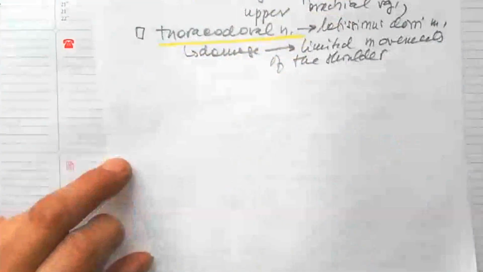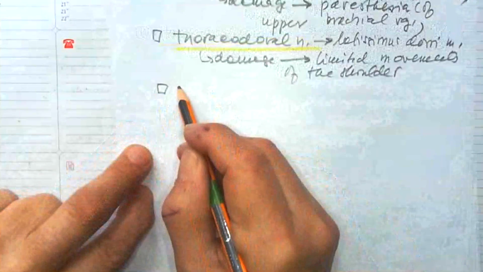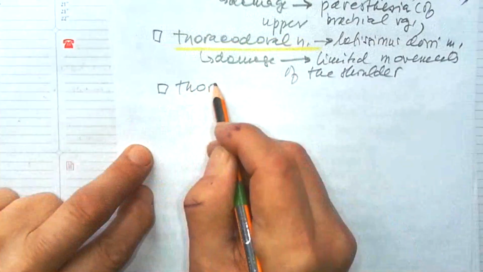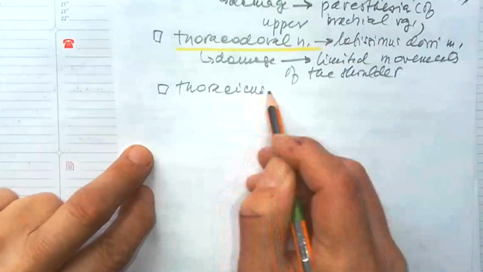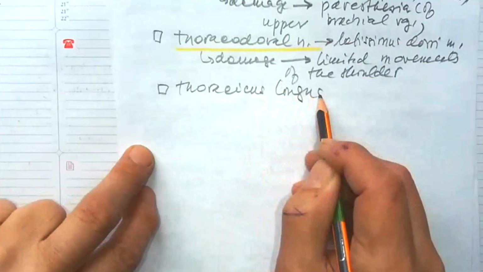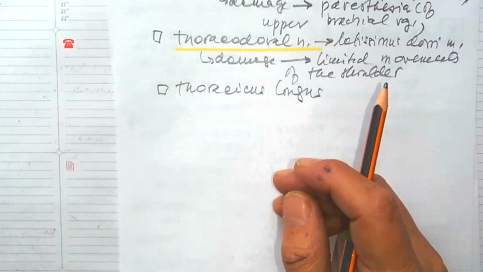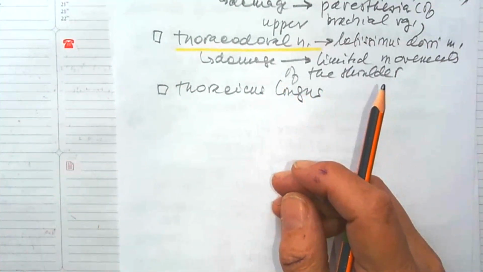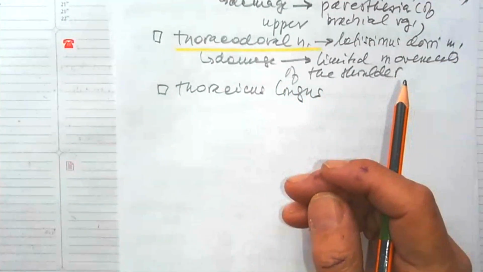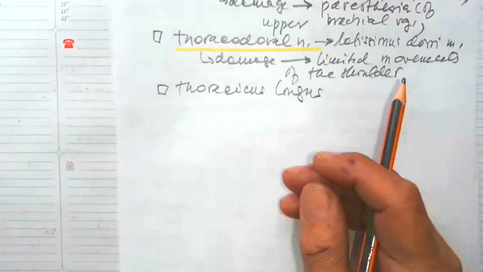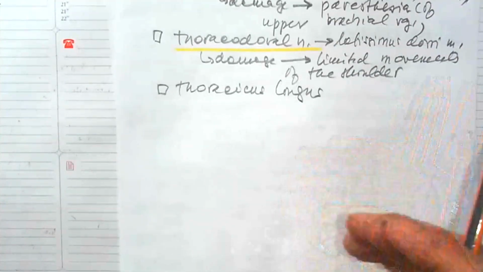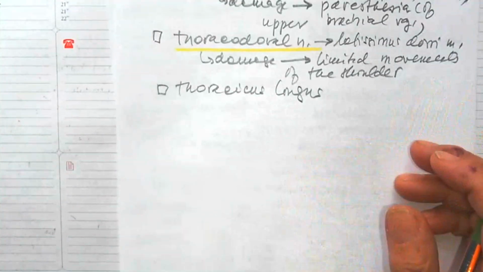And we also have to mention one more nerve, the thoracicus longus. We said that the long thoracic nerve lies on the lateral surface of the serratus anterior muscle, covered just by the fascia of its own muscle.